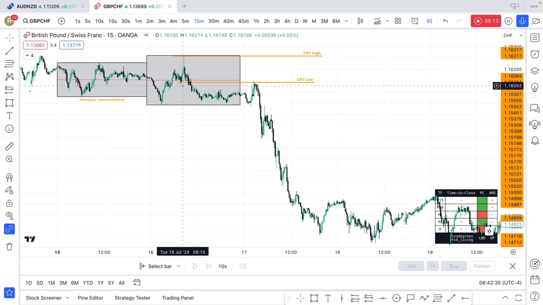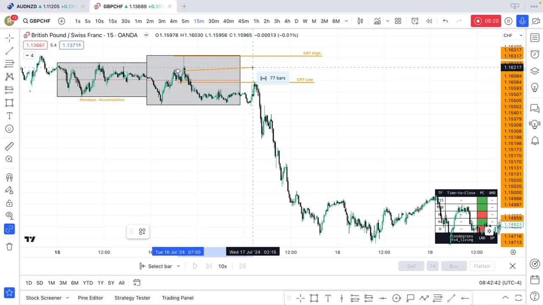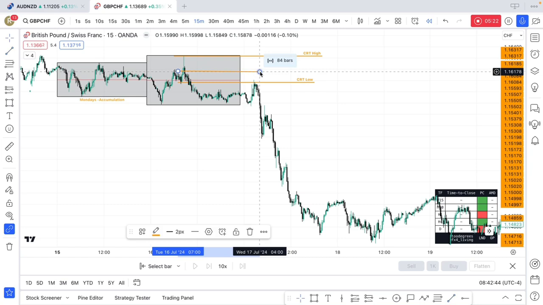The last candle that touches this, this is the high of the 1 hour candle, this is the low of the 1 hour candle, the last thick candle that touches this becomes your entry.